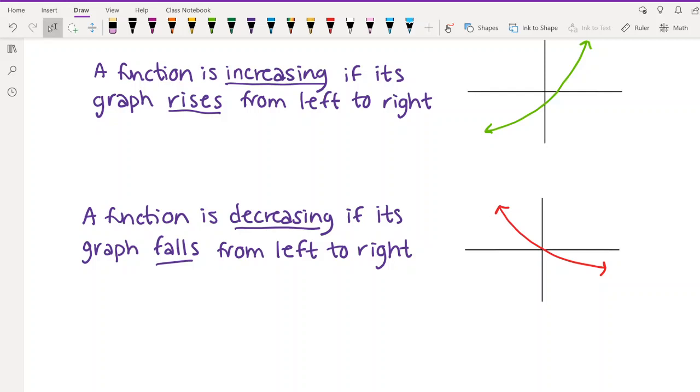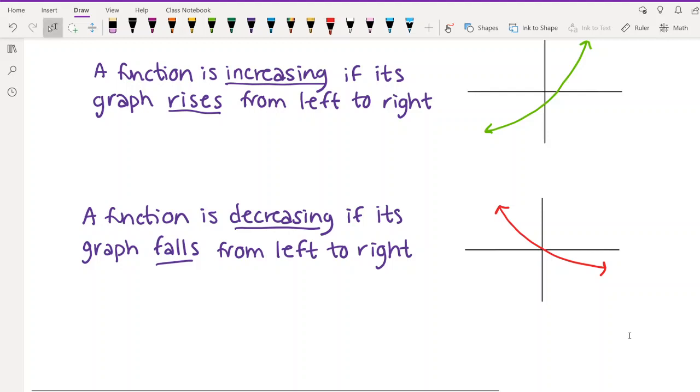So for example, if these graphs, the green and the red graphs I just drew, represent the temperature of a particular place as time goes on, or the population of a particular place as time goes on, then if the graph is going up, that would mean that the temperature or the population is increasing, right? And if the graph is going down, that would mean that the population or the temperature is decreasing. So that's one way you can intuitively make sense of what we're talking about with increasing or decreasing.